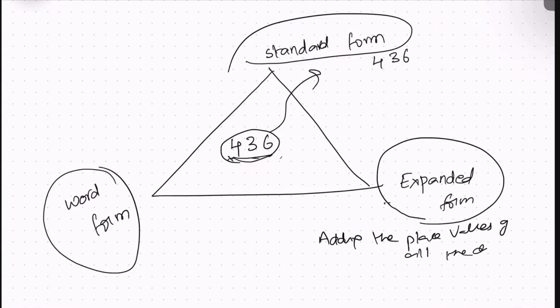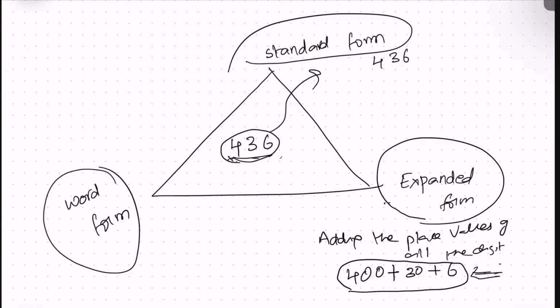So the expanded form for 436 is: the place value of 4 is 400, plus the place value of 3 is 30, plus the place value of 6 is 6. I'm not really sure where in the real world this form is being used, but it is adding the place values of all the digits.